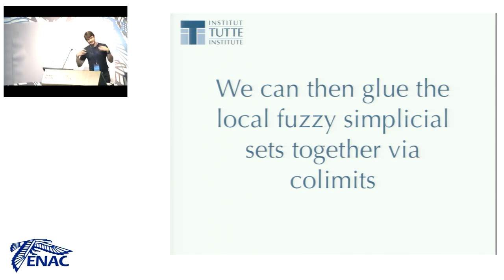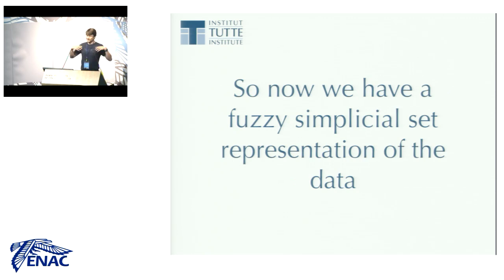I said this is really a simplicial sheaf, and colimits of simplicial sheaves are pretty easy to calculate once you work through the details. So we can do all of that, and now we can glue everything together. We've translated it from a problem we couldn't solve over to a different realm using a bit of algebraic topology style machinery, and now we can solve this problem using colimits, glue everything together. Okay, so that's great. We now have a fuzzy simplicial set representation of the data.